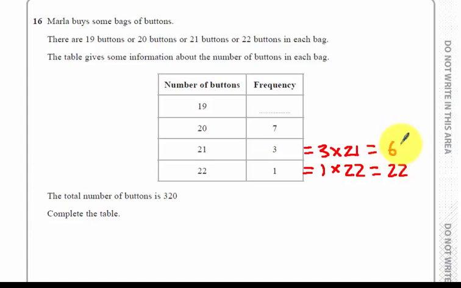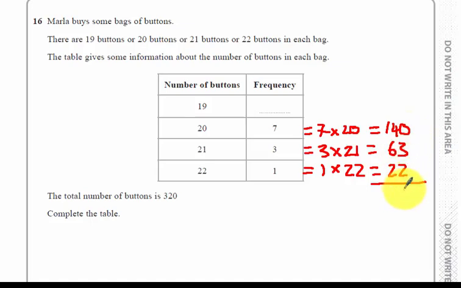You've got it, you may as well use it. 3 21s are 63. So if I took these 3 bags and emptied them all out, I'd have 63 buttons on the table, and then 22 buttons from this row. This one here, I've got 7 bags of 20 buttons, which means those 7 bags contribute 140 buttons. Remember, keep showing your working because you're picking up marks all the time.